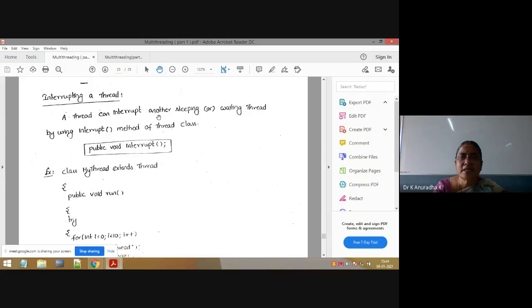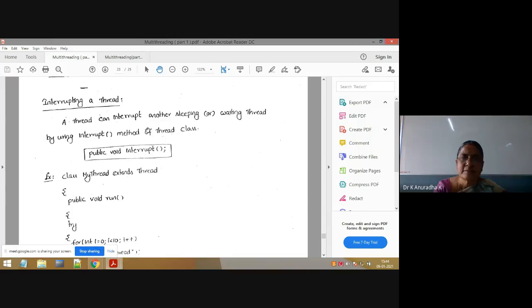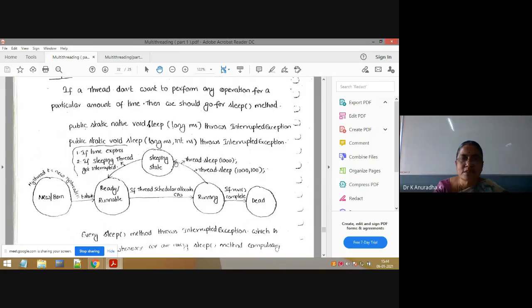A thread can interrupt another sleeping or waiting thread by using the interrupt method of the Thread class. If you see the previous diagrams, here this is the sleeping state, here I have written C. When this sleeping thread gets interrupted, if you write the interrupt method, this statement.